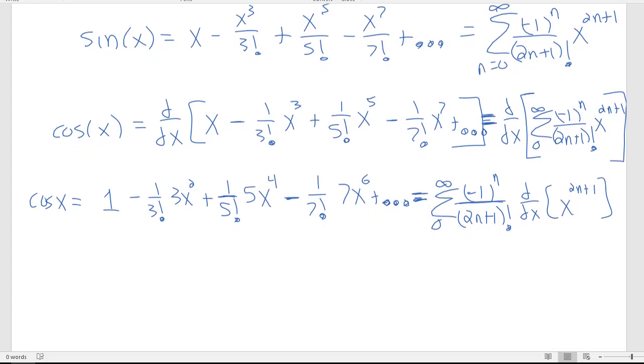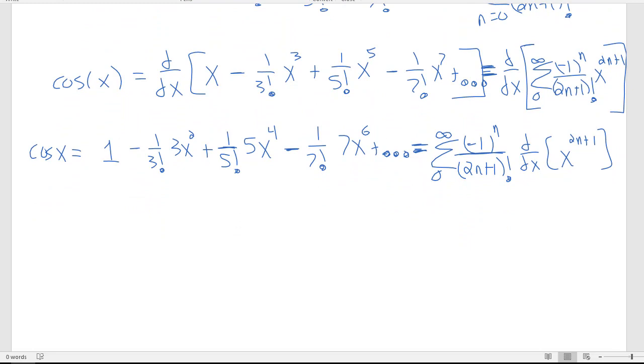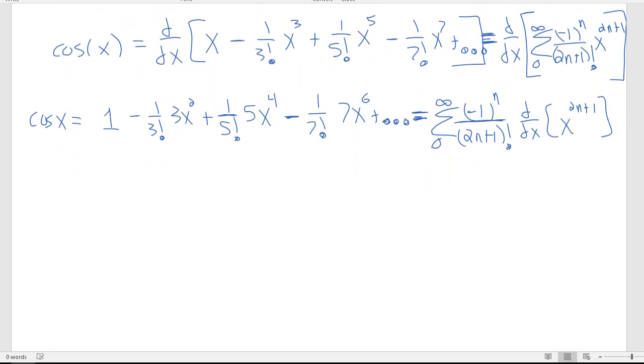Now I'm going to keep playing with this sigma notation on the far right hand side so I can catch up with where I am on the left hand side. On the left hand side I already evaluated ddx, the derivative operator. I haven't officially evaluated the derivative operator here. So what I have now, I'm going to keep writing a little bit smaller.